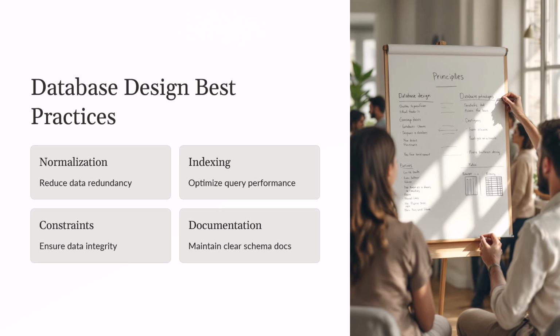Constraints like not null, unique, and foreign key protect data integrity. And finally, documentation. Ensure that your design is understandable and maintainable. That is where your data dictionary really shines. Good design now saves headaches later.